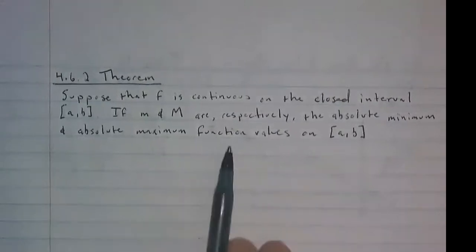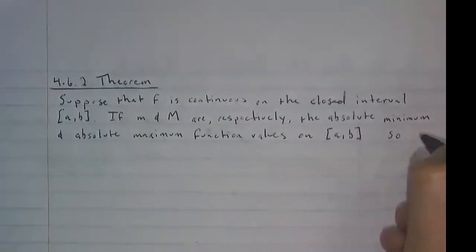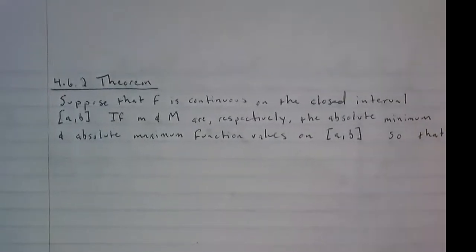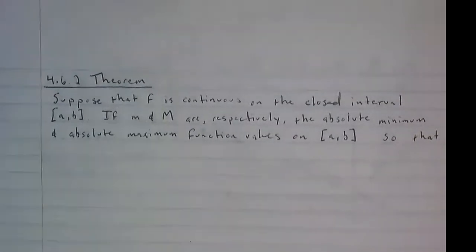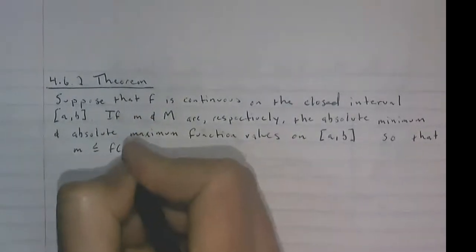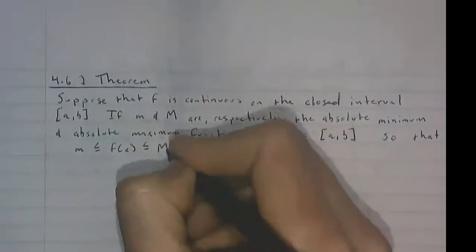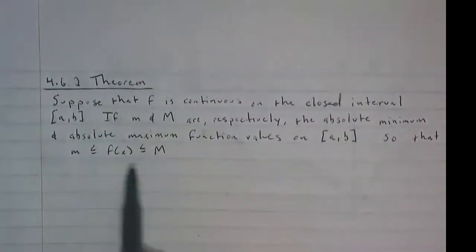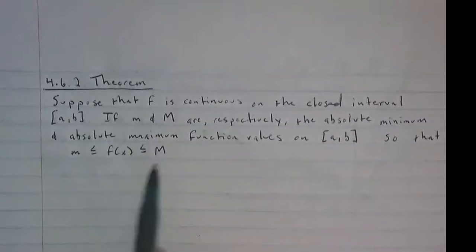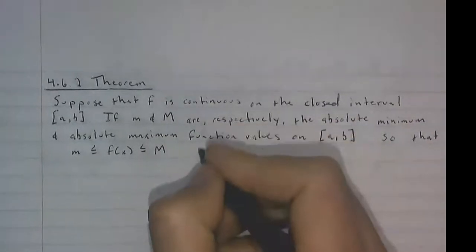So the absolute minimum and maximum of f on [a, b], so that, and then they kind of explain what that means, which is a little unnecessary, but we'll do it anyway. So that little m is the lower bound, big M is the upper bound. So f of x is between those two values for all values of x on that interval.